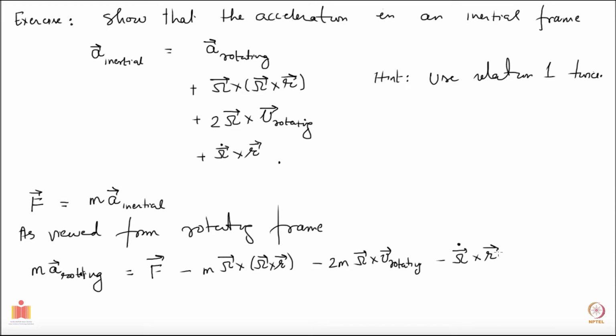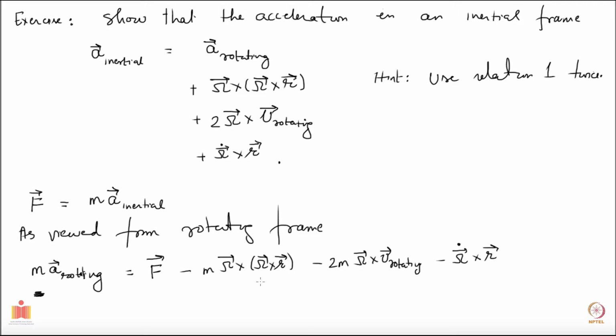Is that all correct? It is all correct. Okay, so if you are in a frame which is rotating and you look at the acceleration of some object, then it will not match with Newton's law, because whatever sources you will see for the force on this object will not be sufficient to get this piece, because as viewed from the rotating frame there are additional pieces, so you can call them fictitious forces because they do not have any physical origin.